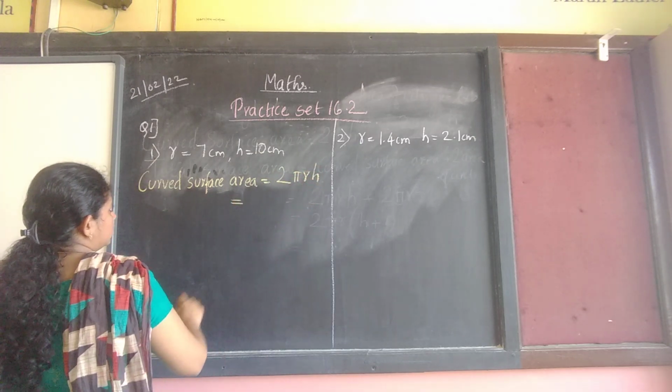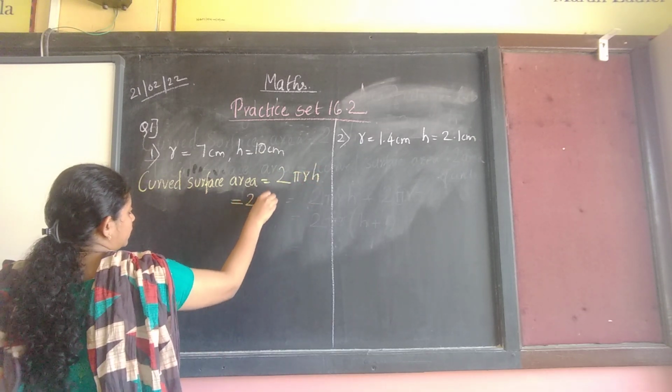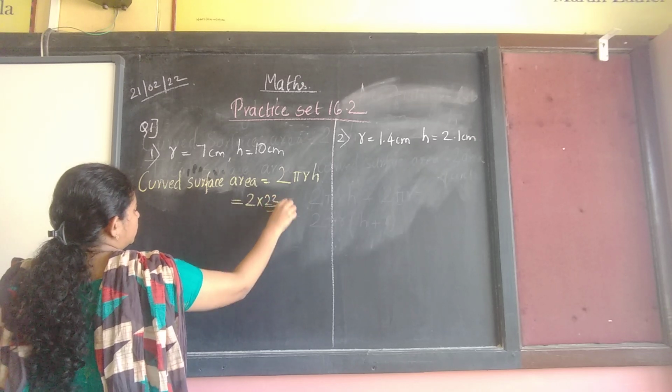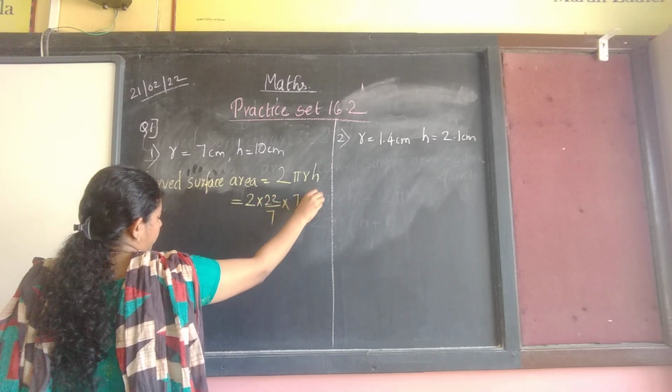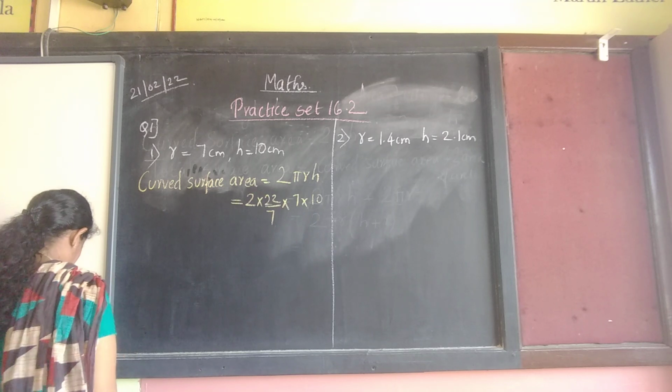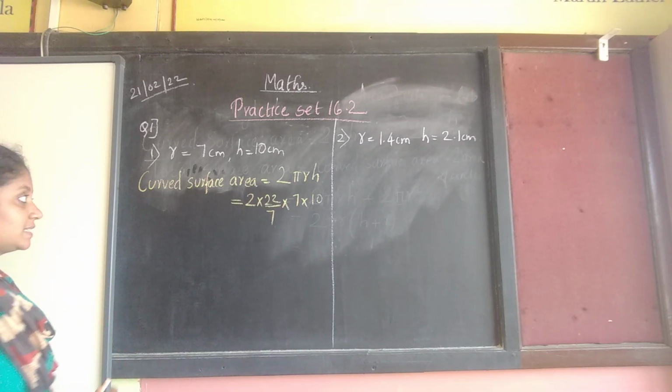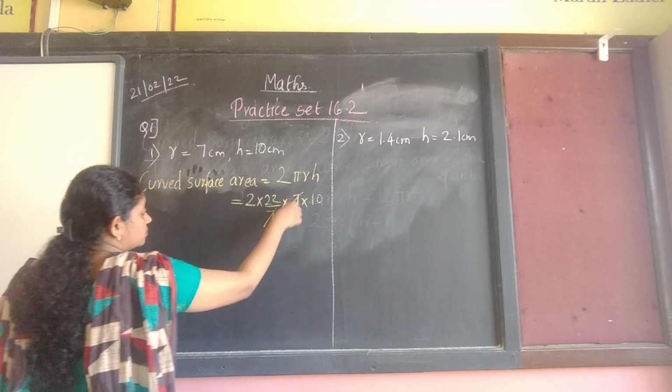Substitute the values: 2 into 22 upon 7 into 7 into 10. Now we can cancel 7 and 7.